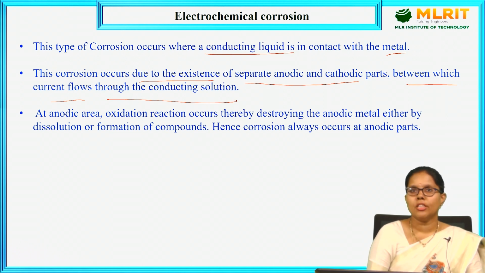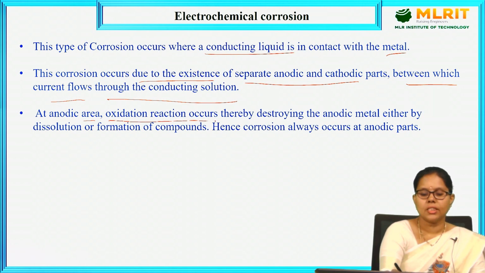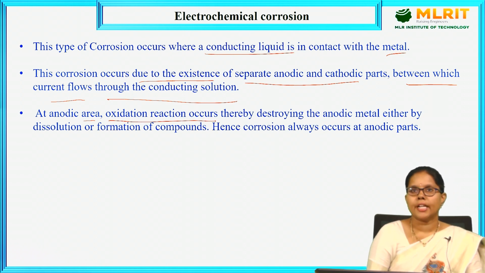When the iron rod is dipped in the sulfuric acid solution, there is a chance for the anodic and cathodic parts. Therefore, electrons move from anode to cathode through the conducting solution. At anodic area, always oxidation reaction occurs. At anodic area, oxidation means liberation of electrons takes place, thereby destroying the anodic metal either by dissolution or formation of compounds.